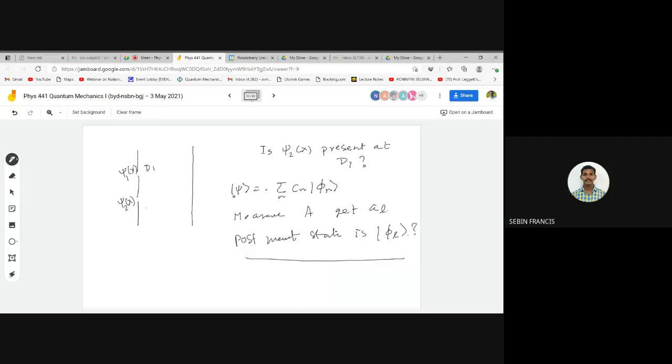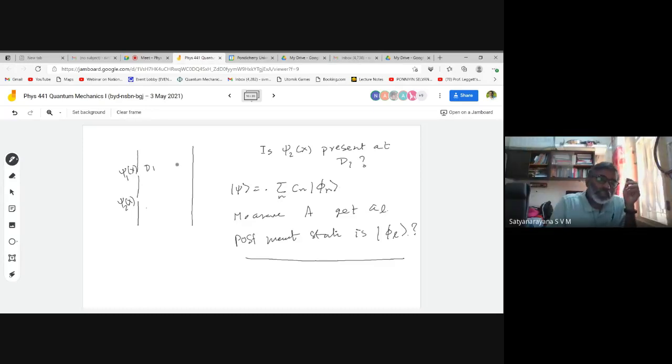Sir, okay, then side by side there is a D2, and we have only one electron. Then the electron must interact with only one detector. Yeah. So, let me tell you what we know. Suppose you have detector D1 here.